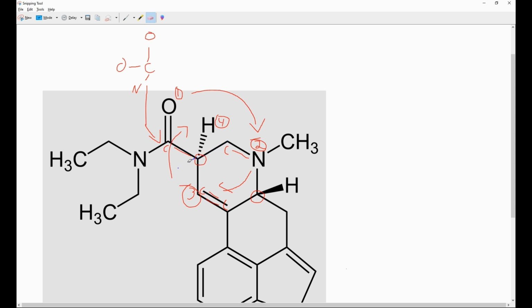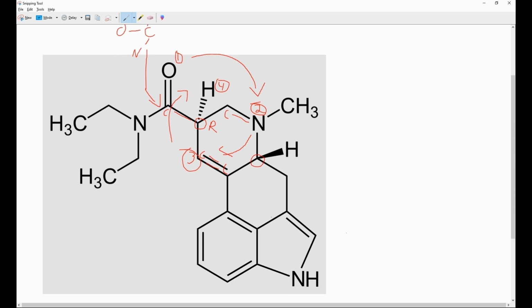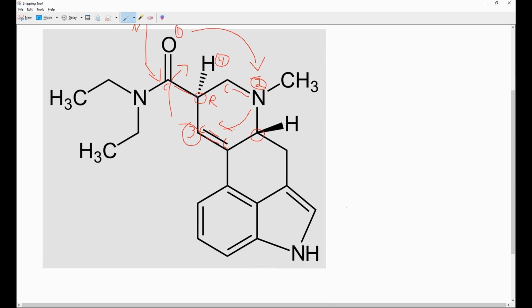So it's facing away from us. So considering that is doing a clockwise motion, we can actually identify this as an R configuration. And now we can move on to our other stereocenter.